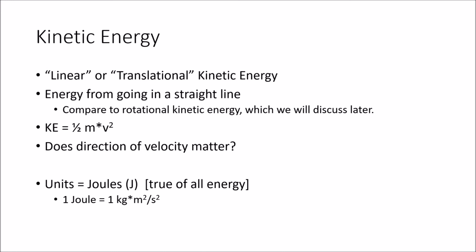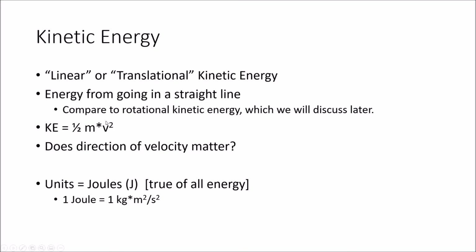But this is the energy from an object just going in a straight line. If you've got an object just moving somewhere, then it's got kinetic energy. Kinetic just means things that are moving. The equation for kinetic energy, KE, is equal to 1/2 times the mass of the object times the velocity squared.